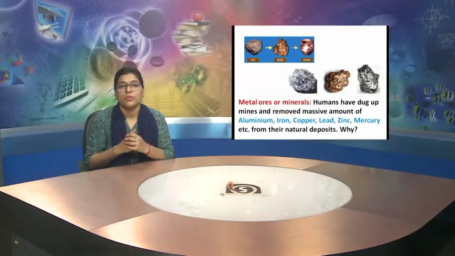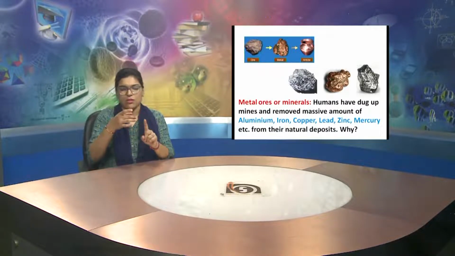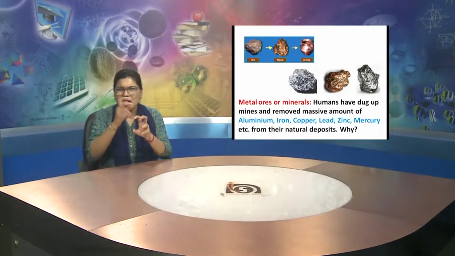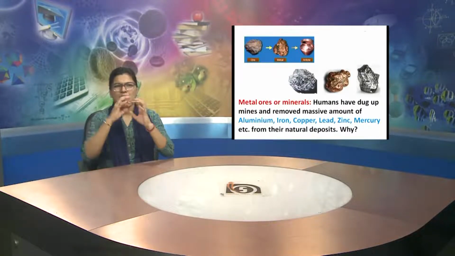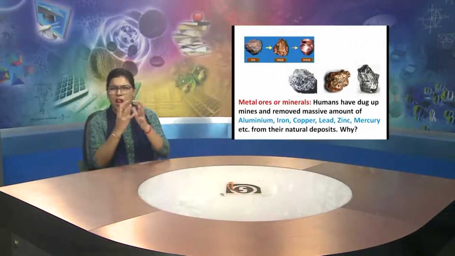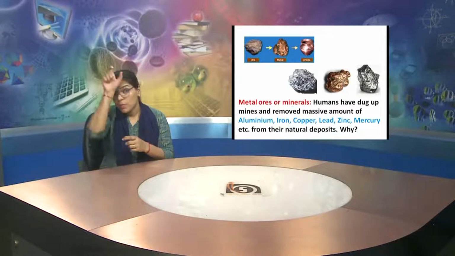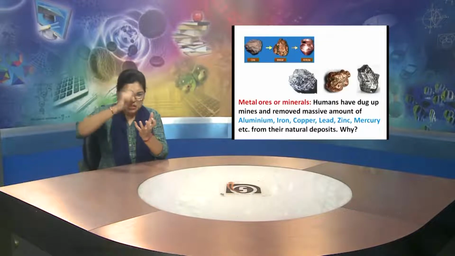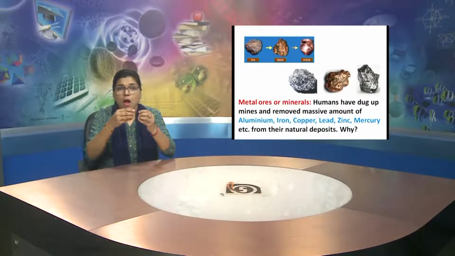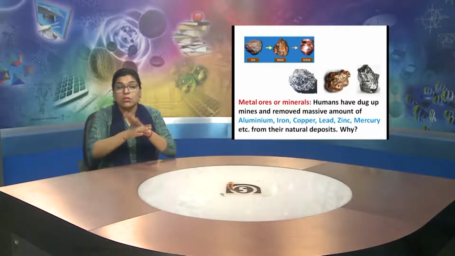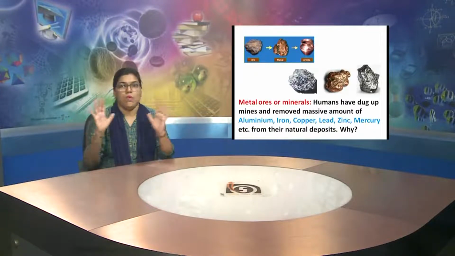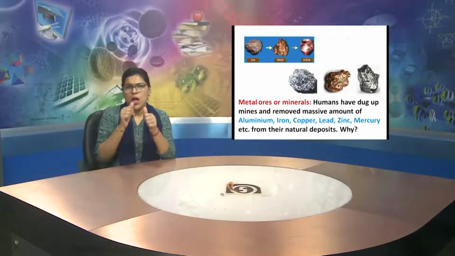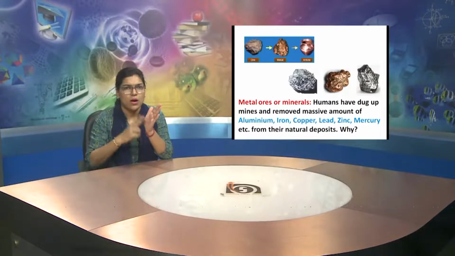Now let us discuss metal ores or minerals. You know, humans have dug up the mines and removed a massive amount of different metals like aluminium, iron, copper, lead, zinc, and mercury, etc. from the natural deposits.